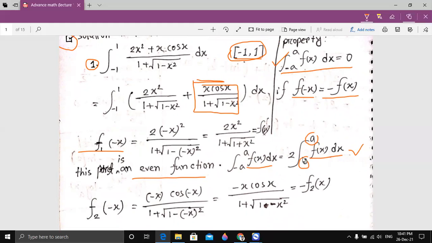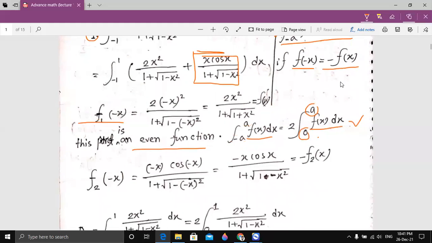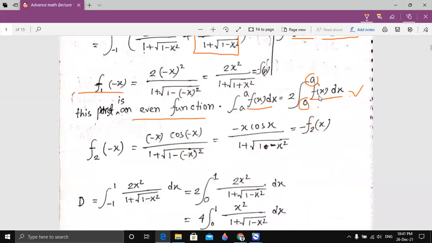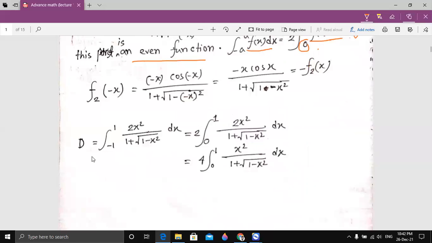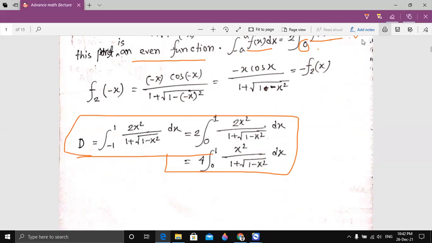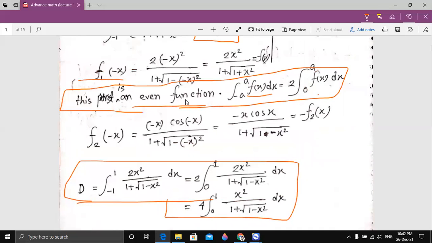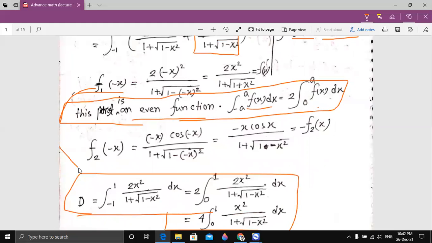So for the even function, 2x square. This part is calculated here. I have just written the formula here, and the next line is here.